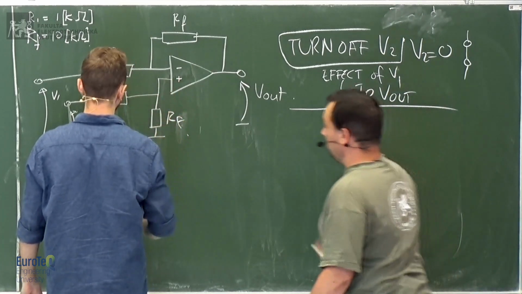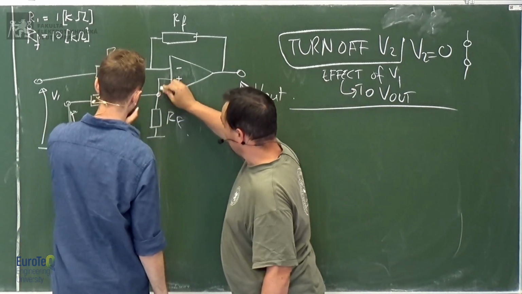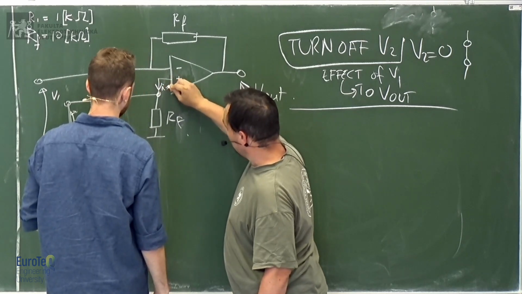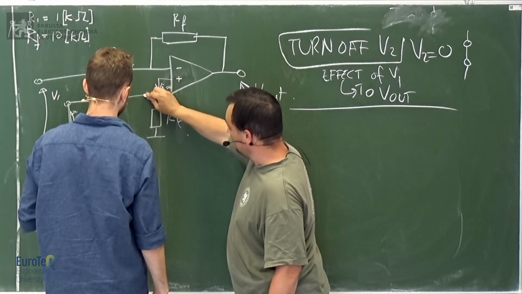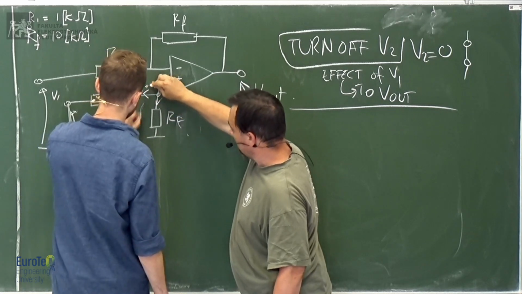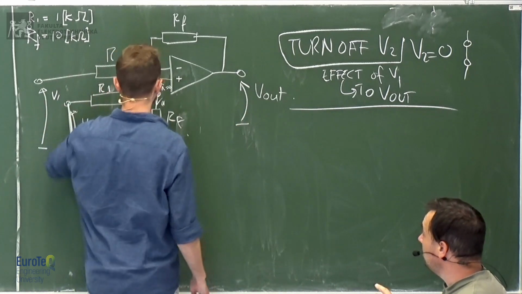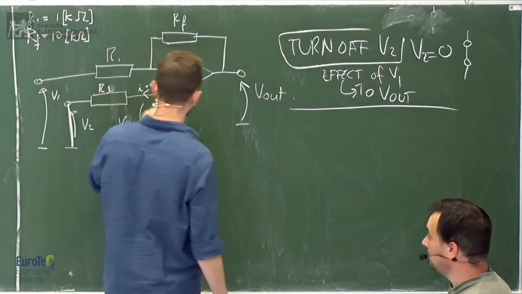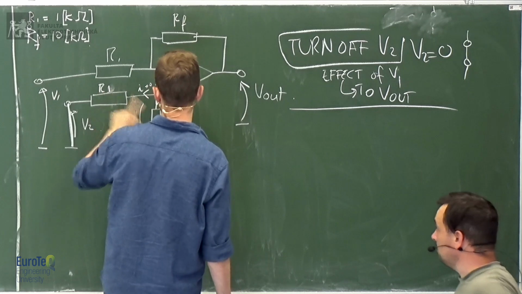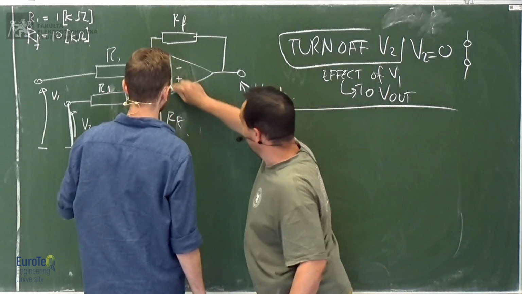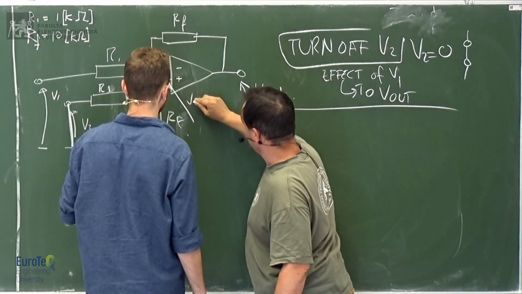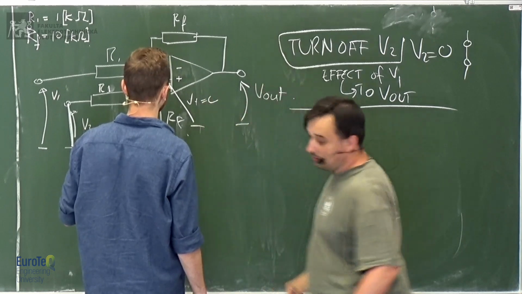If it's shorted, it means that the current here is 0. There is nothing here. Okay, so we shorted it out. Therefore, the voltage at RF is 0. The voltage at R1 is 0. And what is the voltage here? 0. Okay.